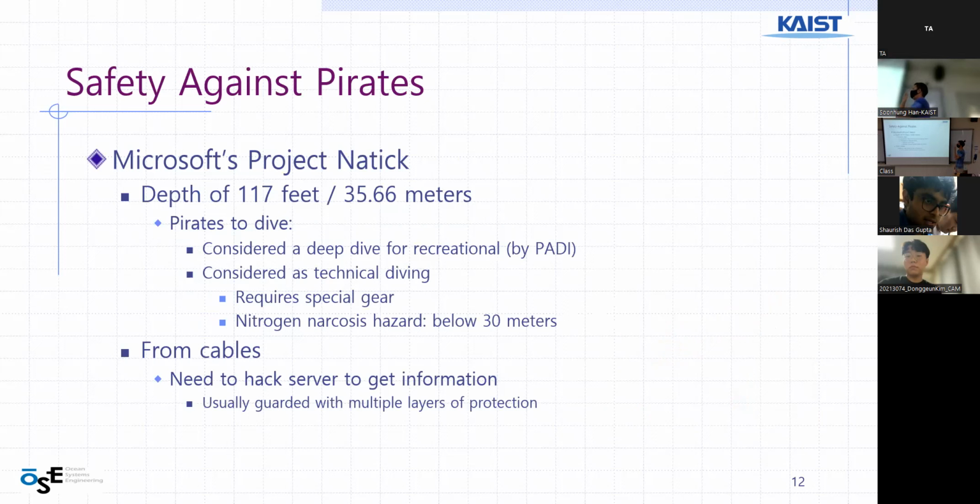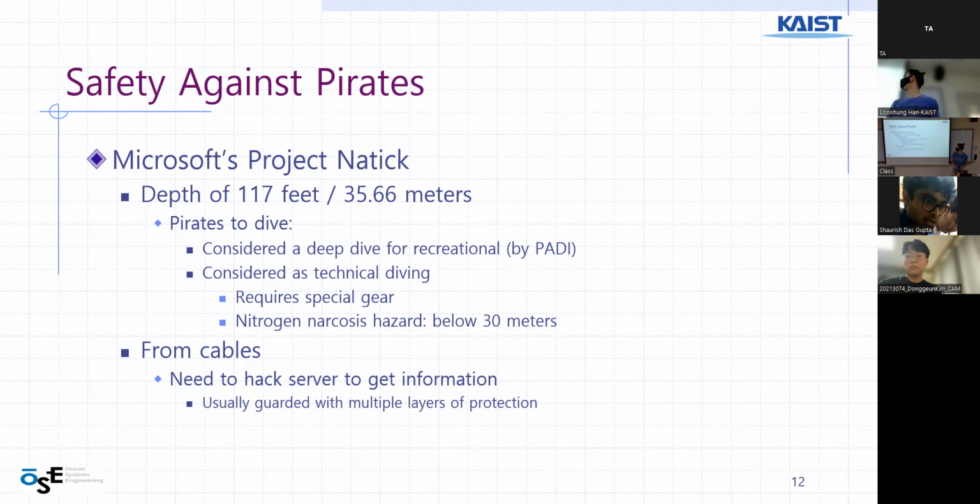Against pirates, for Microsoft's Project Natick, it's put at a depth of 170 feet, which is around 52 meters under the ocean surface. For a pirate to dive, according to the Professional Association of Diving Instructors, it's considered a very deep dive.